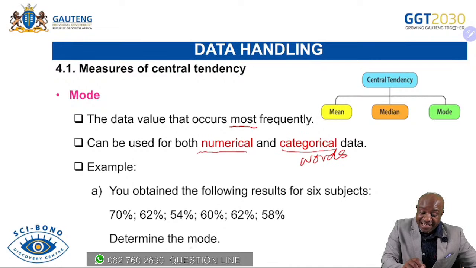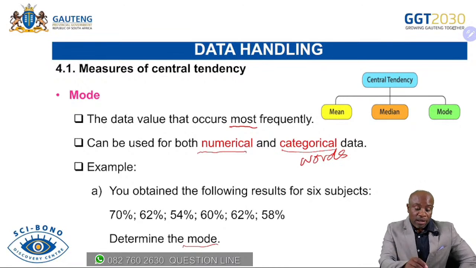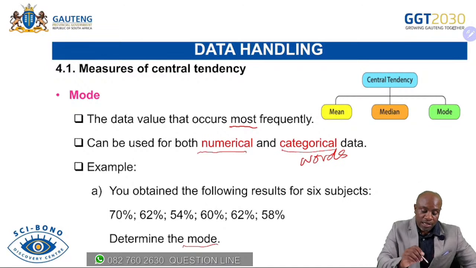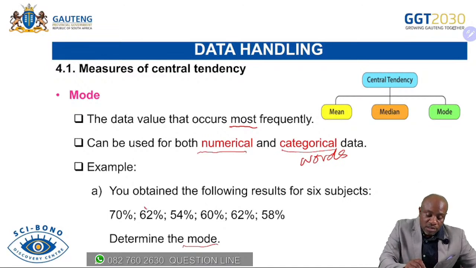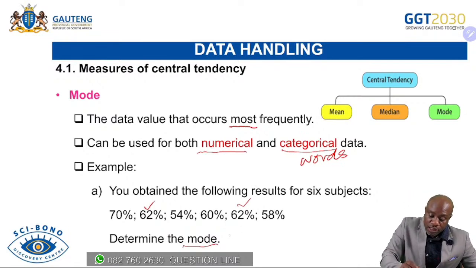It will not say calculate the mode. If somebody says calculate the mode, then it's something else. It's not going to be done in listed values. No, we won't ask you to do that. If you see, 62 appears twice, every other number appears once. So our mode is therefore 62%.